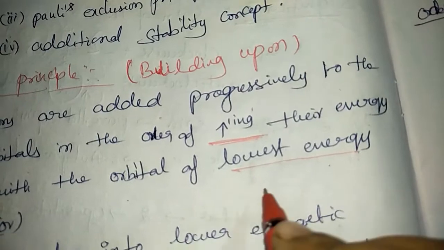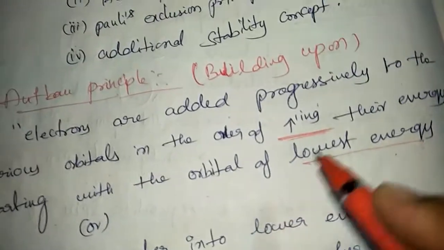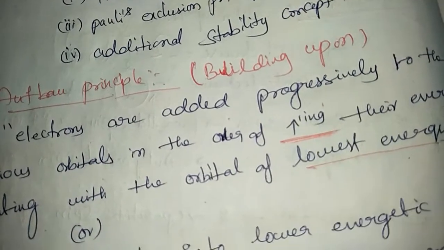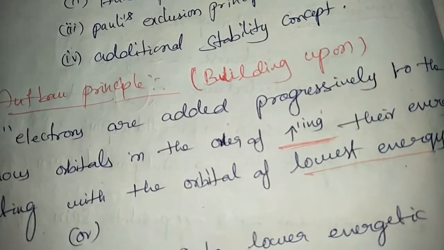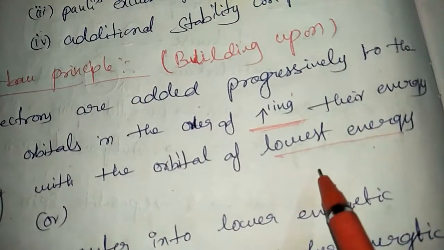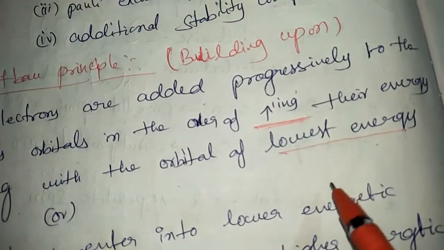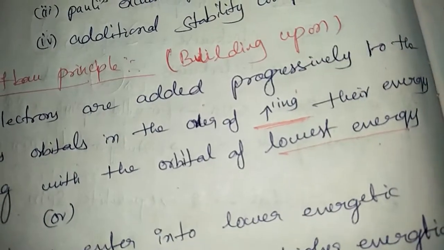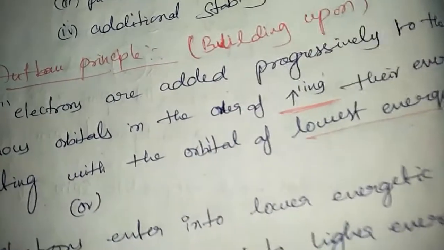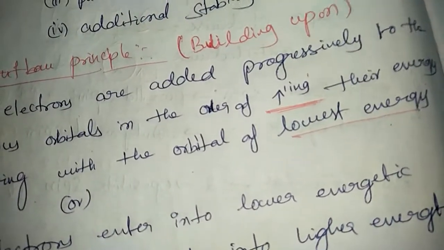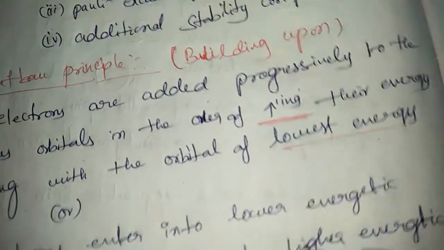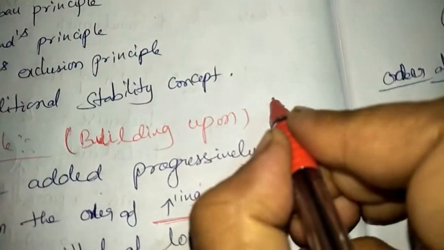After filling the lowest energy orbital, the electron enters into the next higher energy orbital. That means electrons enter into the lowest energy orbital before entering into the higher energy orbital. Means electrons are added progressively. First they enter into the lowest energy orbital, after that they enter into the higher energy orbital.